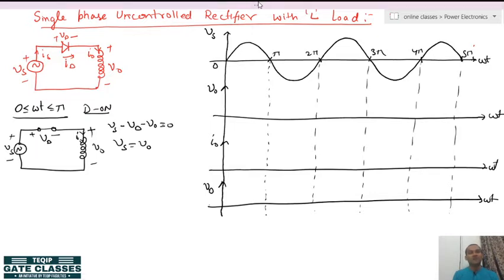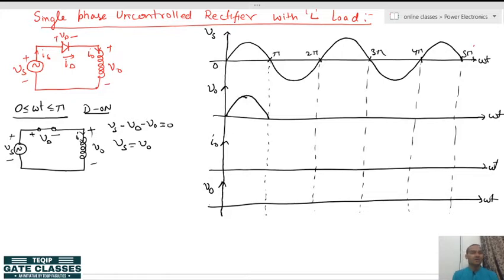When the load is parallel with the source, the load will follow the source value. From the instant the load becomes parallel with the source, the output will follow the source, meaning at omega t equal to 0 it turns on, so it will be like this.